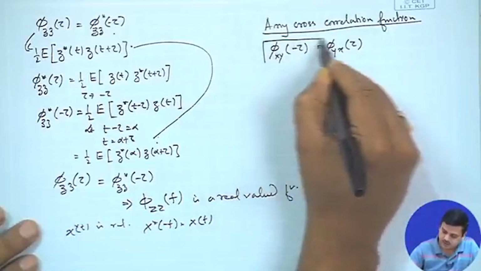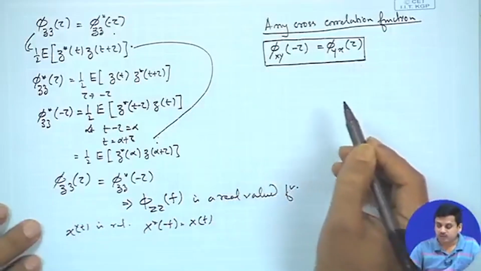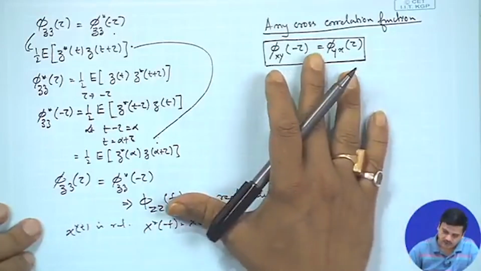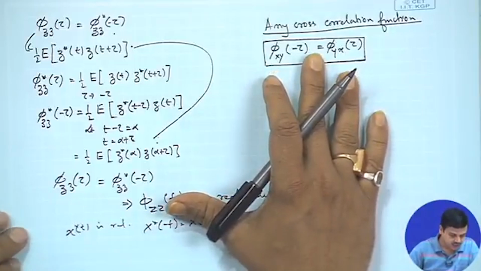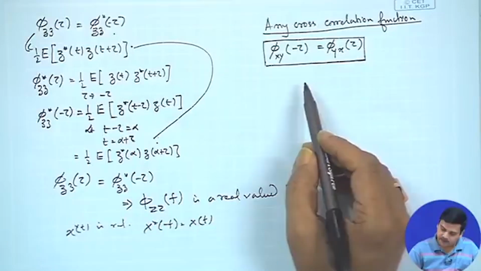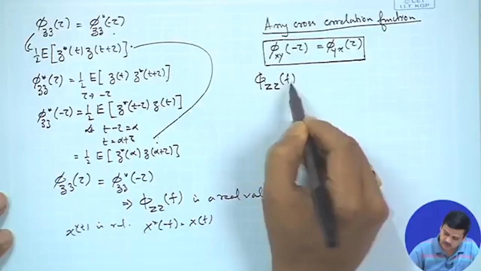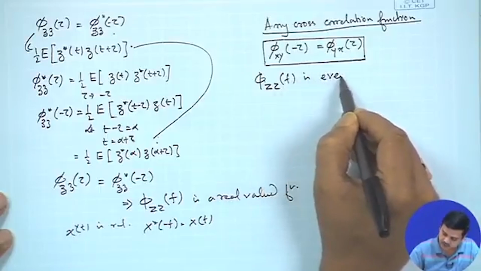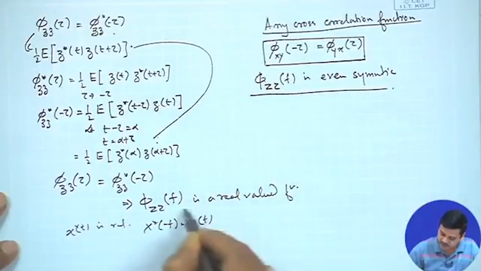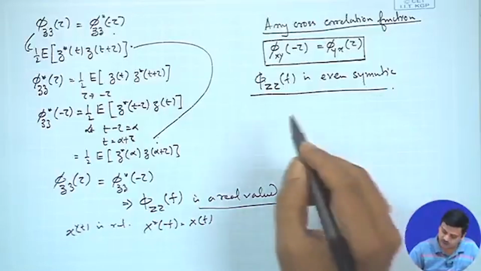So this particular relationship one can try proving it, or otherwise we may fill this gap at some later time. So we have these two things handy with us, and with this we can move forward, and we could also say that phi zz of f is an even function or even symmetric, right. So we can look at that as well. We have seen this is real valued, we will just need to see that this is an even function.